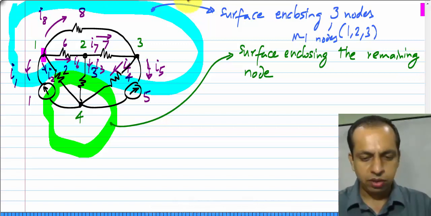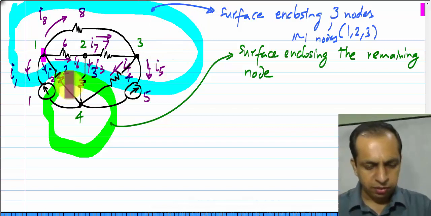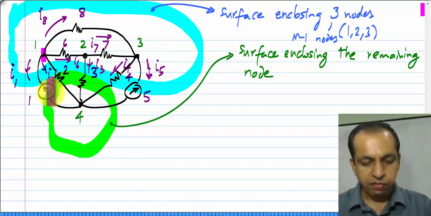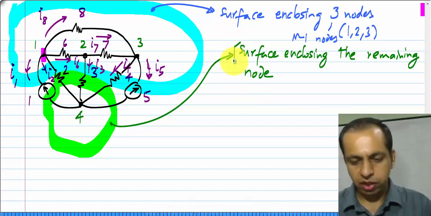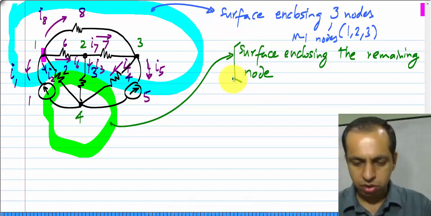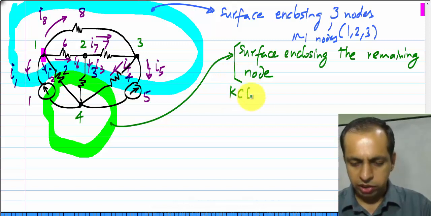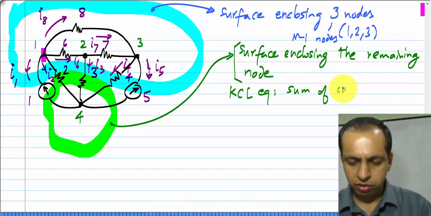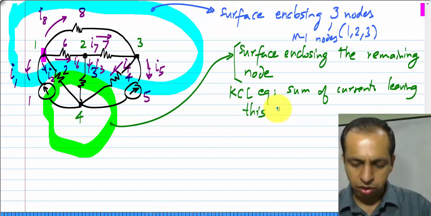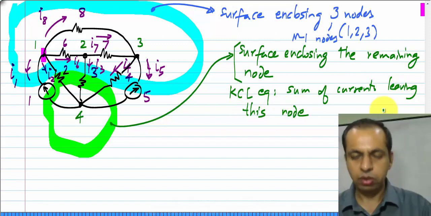If we do that, what we will be writing is the total current leaving this node. In this case, the KCL equation for the last node gives you the sum of currents leaving this node.